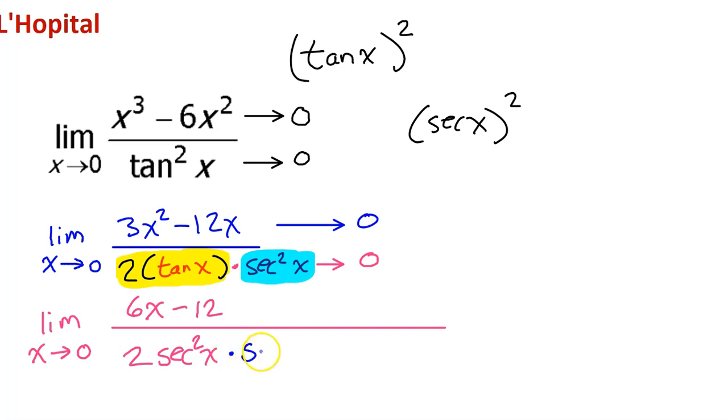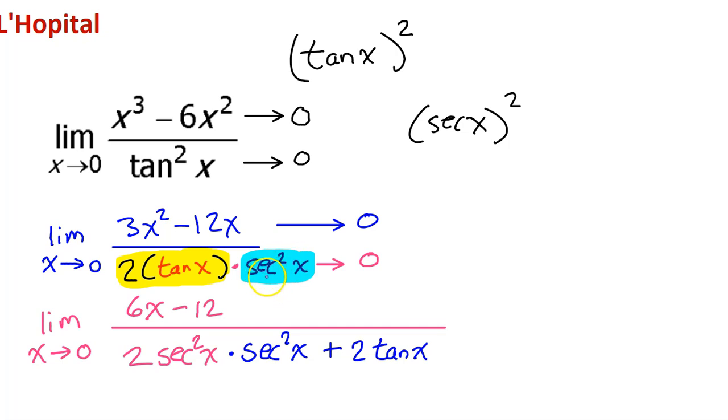So I'm bringing down my secant squared x. And then you put a plus, and you go through it again. The second time through, you leave the yellow factor unchanged. So there's your 2 tangent x. But you multiply by the derivative of the blue factor, the second factor.